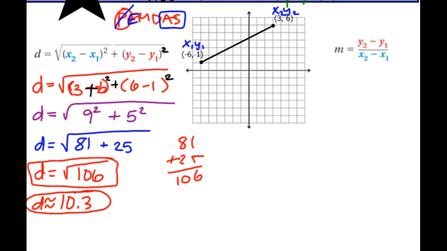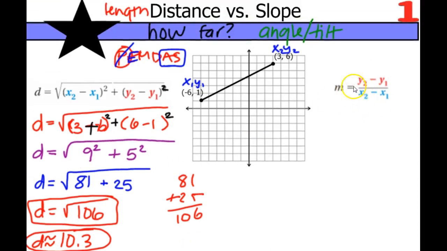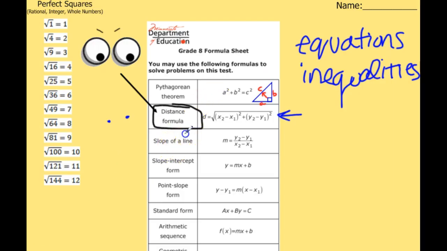Now we're also going to look at the slope. Our slope would be counting rise over run. If you want to do y2 minus y1 over x2 minus x1, you can. That's on your formula sheet here. That's slope down here. So see, these are very different. Slope is the tilt or the angle of the line. Distance is how far is it.